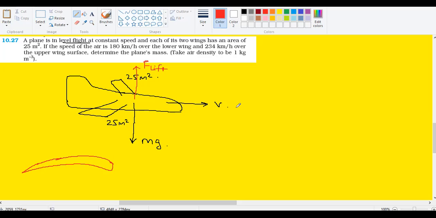You will come to a level flight, right? After taking off, at some point you have to come to a level flight. So when you are going at a level flight, that's what we mean by level flight. There is a weight and then there is a lift force. Both are equal. That's why it's not going up further. You following?